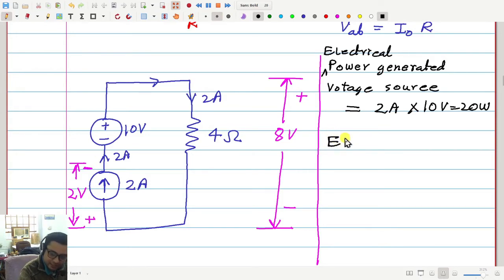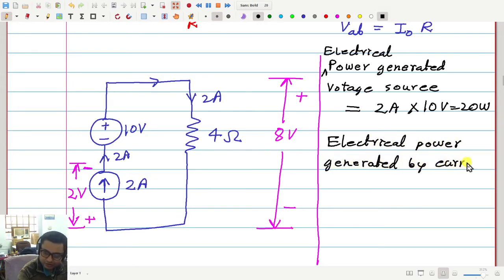Now if I ask how much is the electrical power generated by the current source? Sir, power is not generated, power is consumed. 4 watt consumed. Yes, you are right. Power is not generated by the current source because here current is flowing from higher to lower potential through the current source.